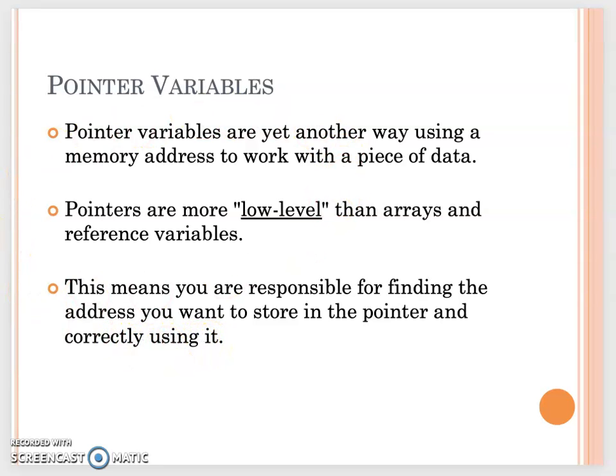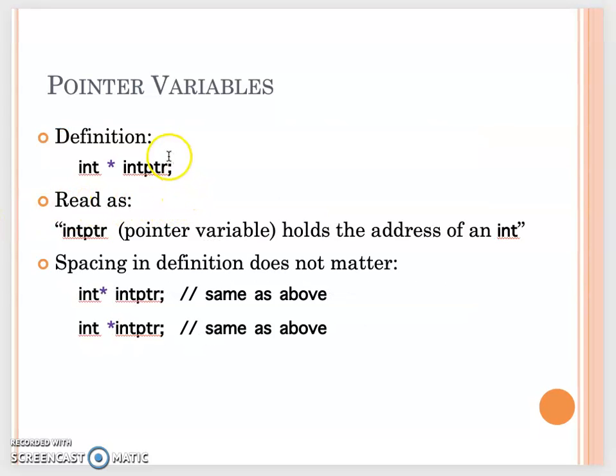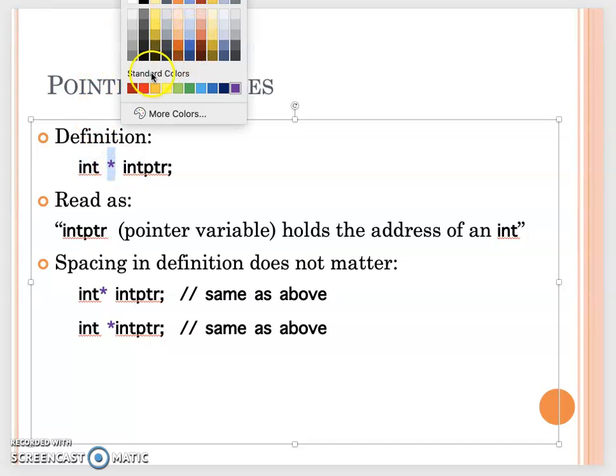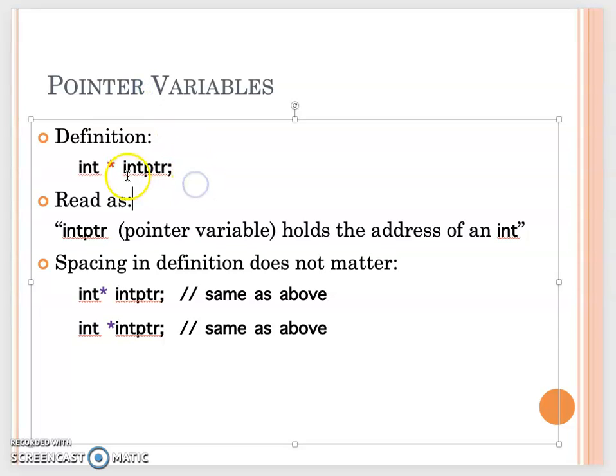I think it's easier if we just show you a pointer variable. Here is the pointer variable. You can see it still has a variable name and still has the data type int. But the most important thing is that after the int, we add an asterisk. This asterisk is what makes it a pointer variable.